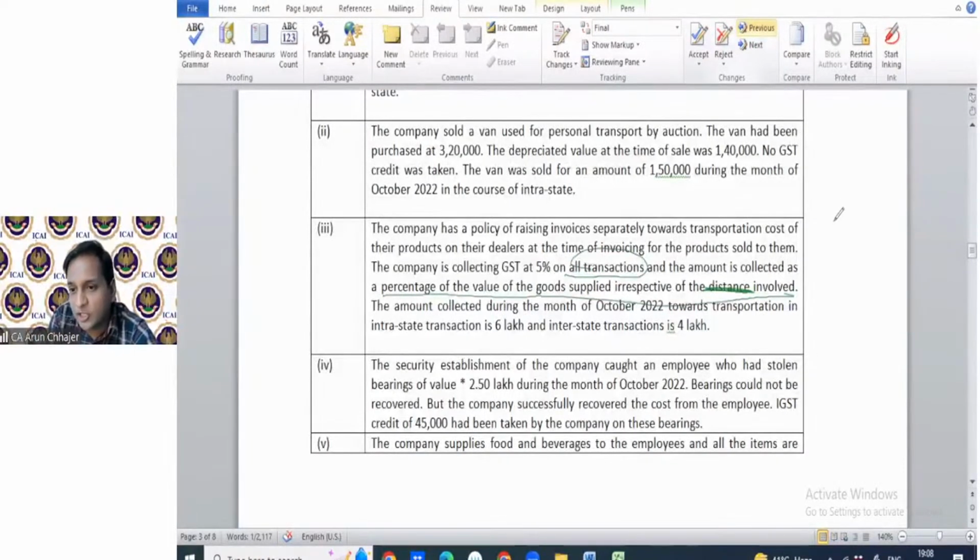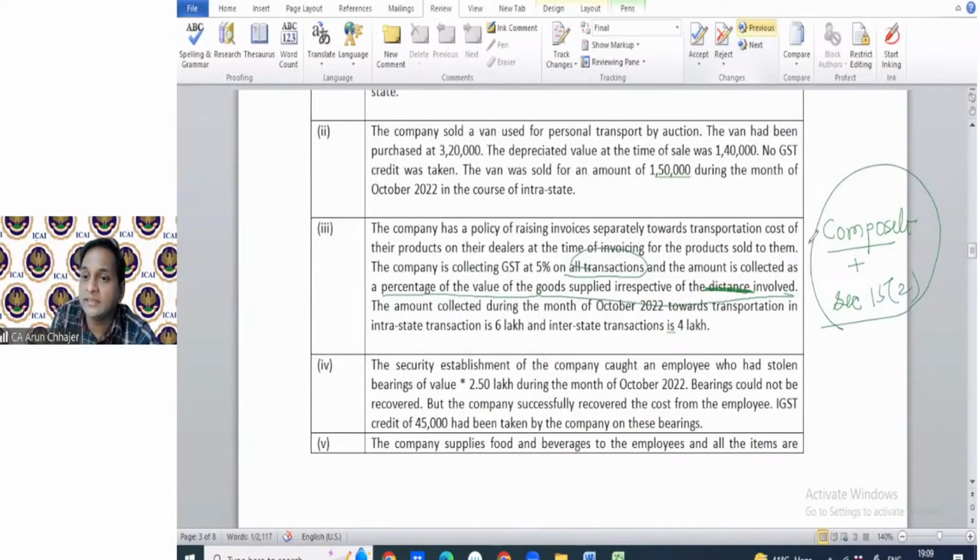And we know that there is a concept of composite supply. So I can say composite supply, read with section 15 subsection 2, and then I have to read the problem. What is this concept?